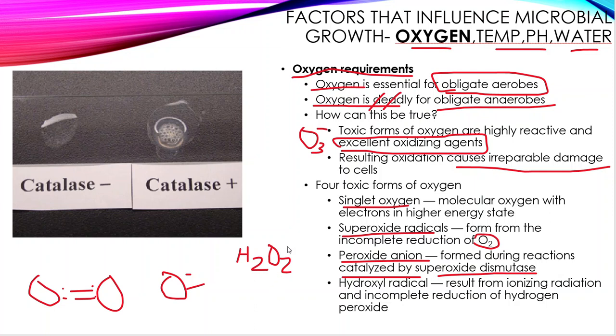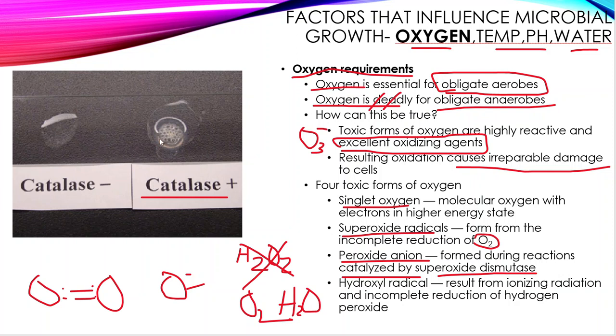So this guy has got an extra oxygen, and there's really not enough electrons to go through there. So we have something in our cells called catalase, and it will take this guy and turn him into oxygen and water, which are both relatively harmless. Some bacteria have that too.